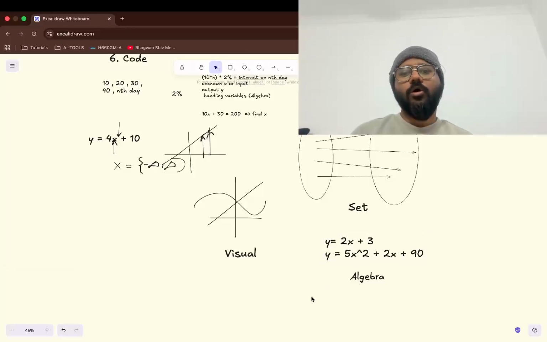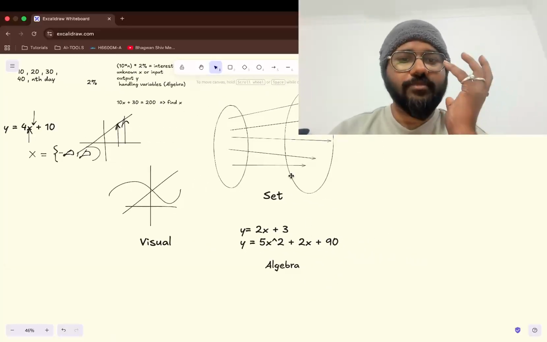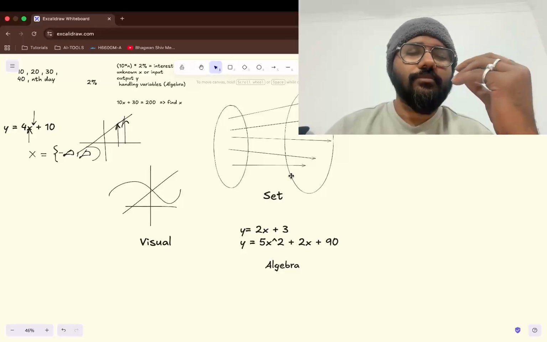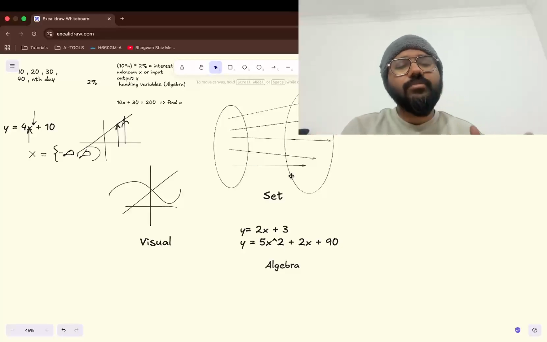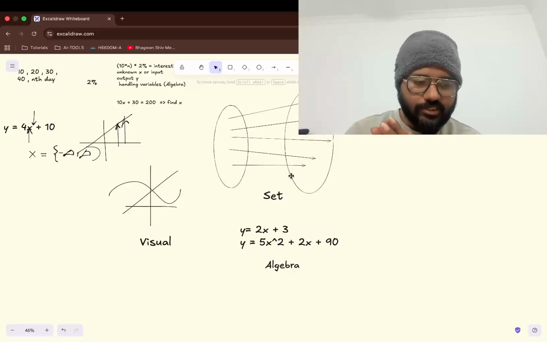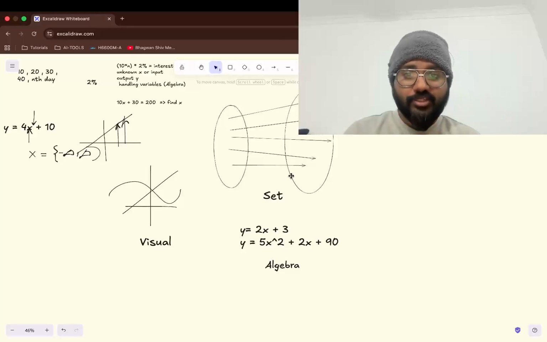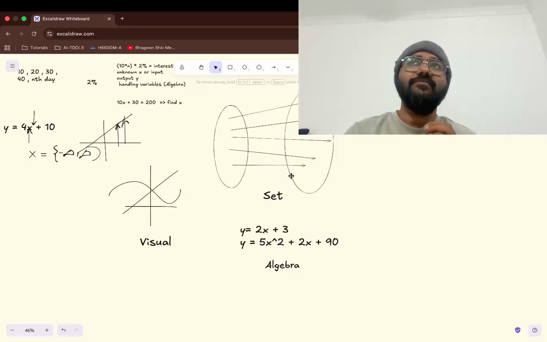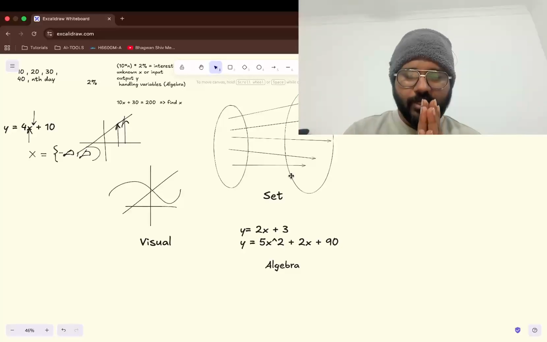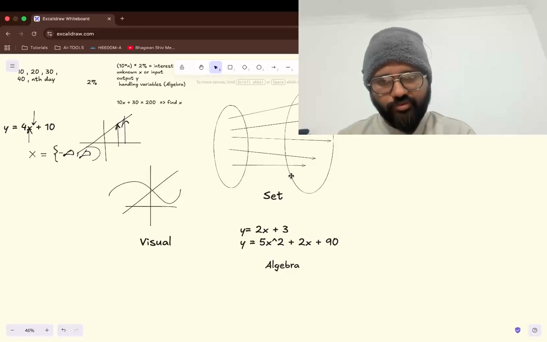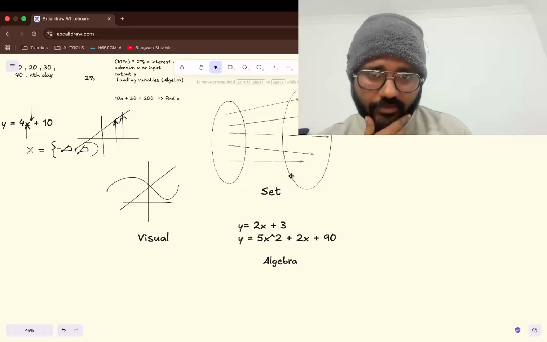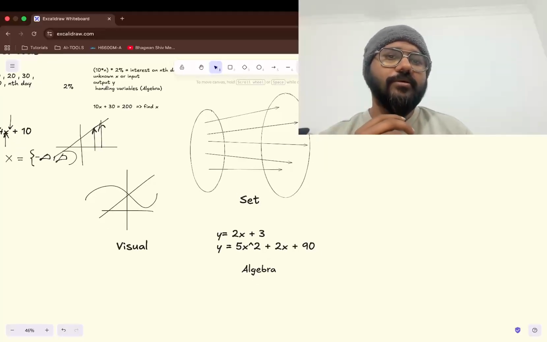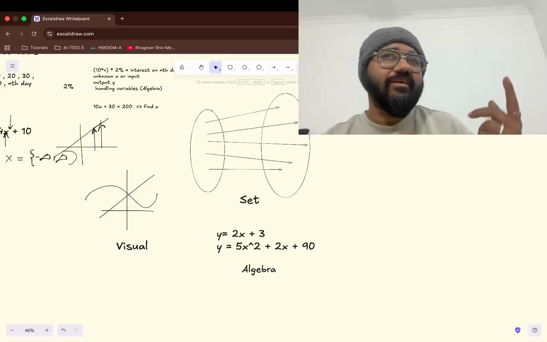Note all of these things are talking about the same thing. We knew that numbers represent something which we observe. In the last video I talked about temperature readings. It could be humidity, it could be money in your bank account, it could be any physical or non-physical observation. Anything which you observe, we use numbers to represent them. But we also noticed that there is a cause and effect relationship.